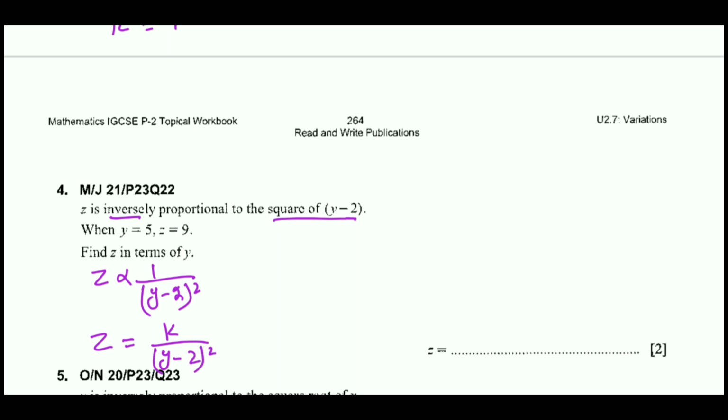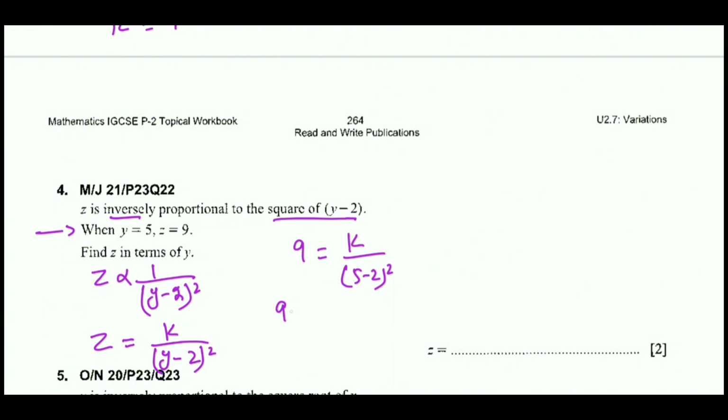Now what we will do, we will put the values of y and z in this equation. y is equal to 5 and z is equal to 9. So z is equal to 9, k as it is, and (5 minus 2) whole square.